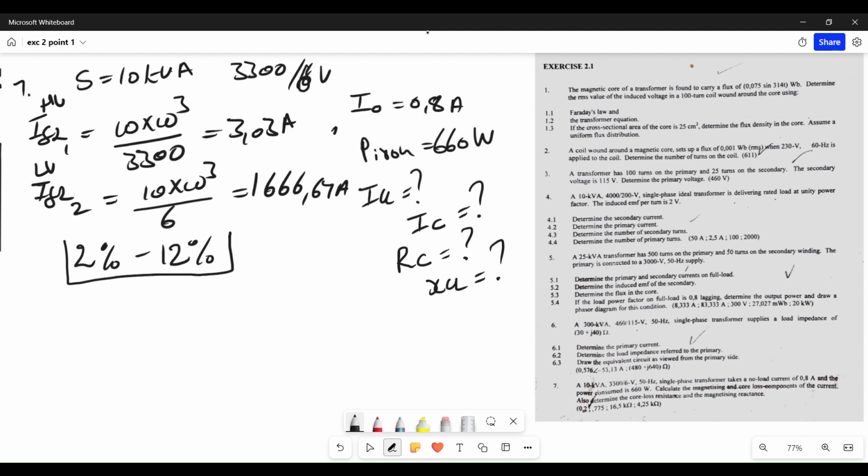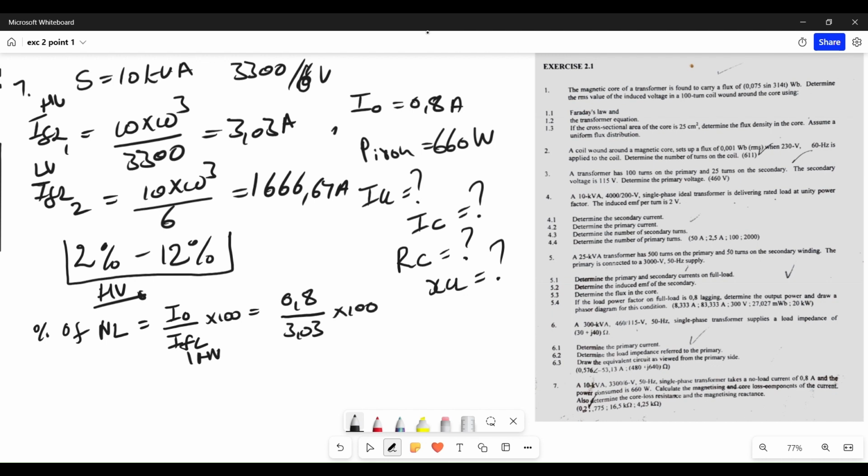It must not be above 12% and must not be below 2%. So let's do that. For the high voltage side, percentage of no load current is I0 over I full load 1, times 100, which is 0.8 over 3.03 times 100. How much does this become?